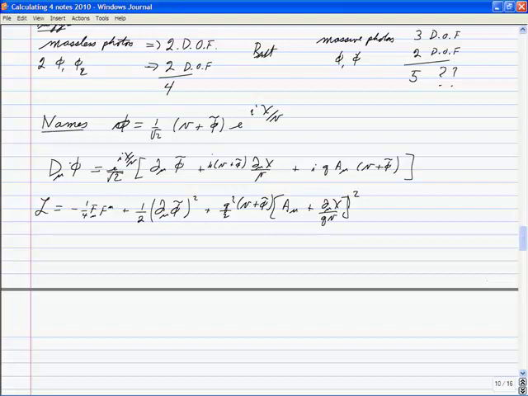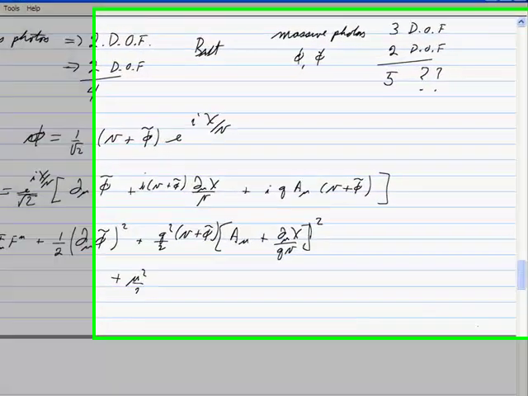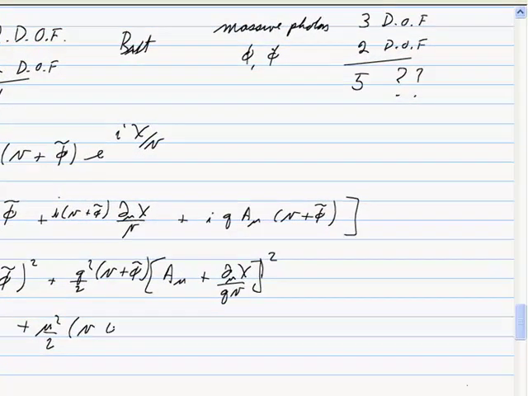This guy is real. Cross terms drop out. So that's actually the piece. And then I have the V of phi piece, which is plus mu squared over 2 (v plus phi twiddle) squared minus lambda (v plus phi twiddle) squared. Okay.